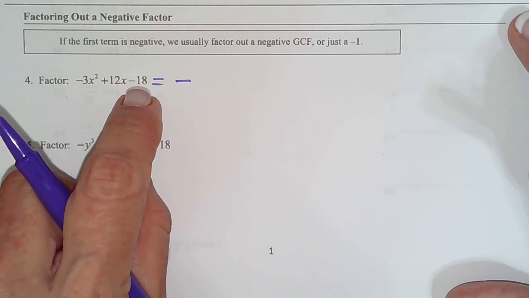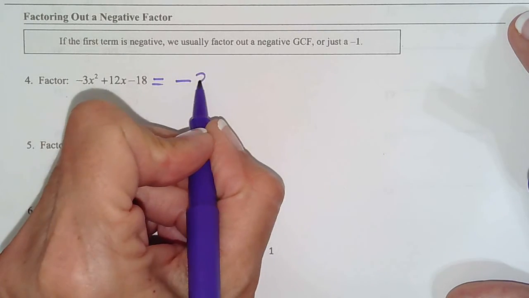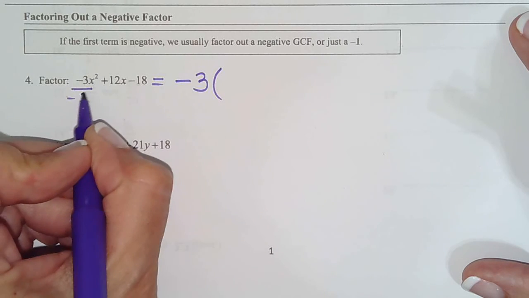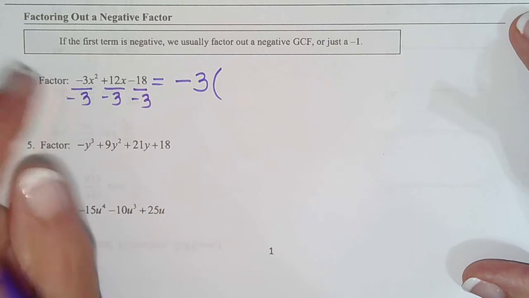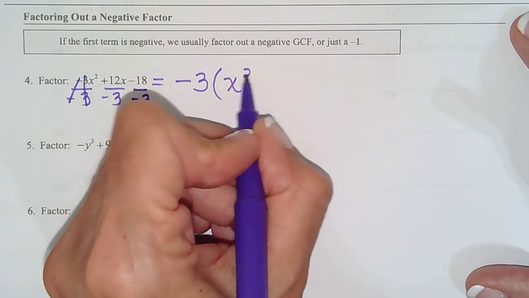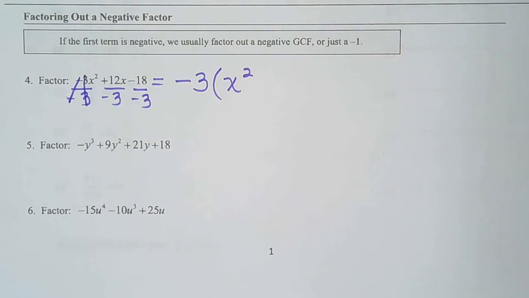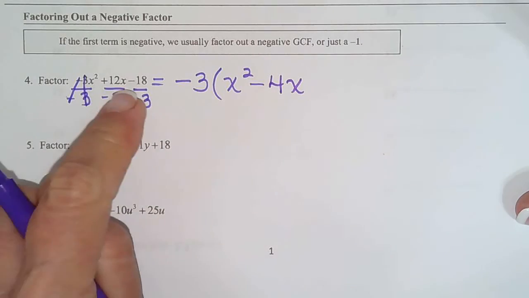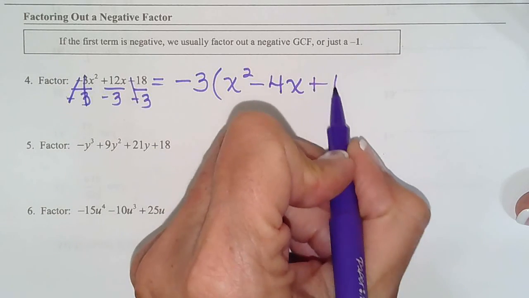Then you also have to search 3. Does 3 go in there? Yes. Does 3 go in there? Yes. Is there any letters common? Nope. So then you divide each of these by -3. And then I get positive 1x squared, which is just x squared, negative 4x, and then negative divided by negative, positive 6.